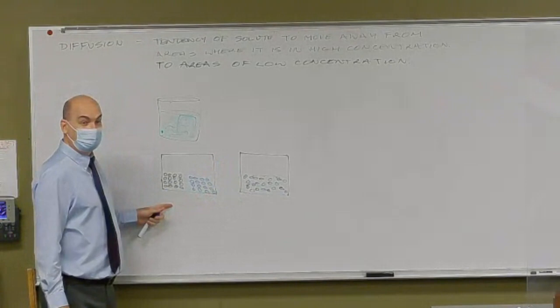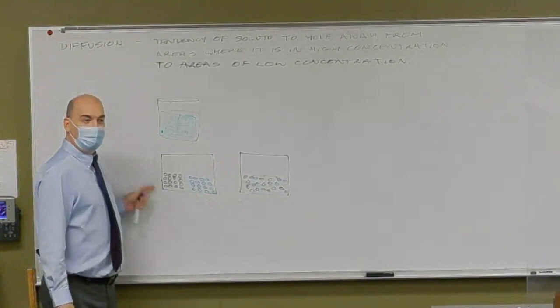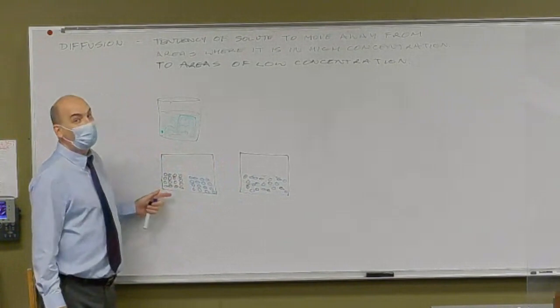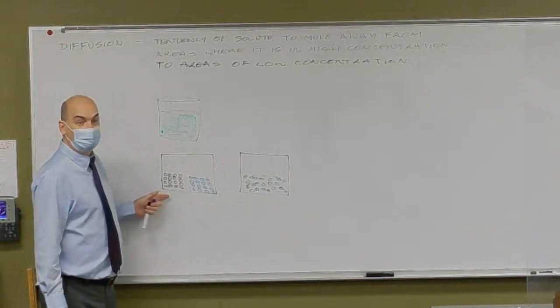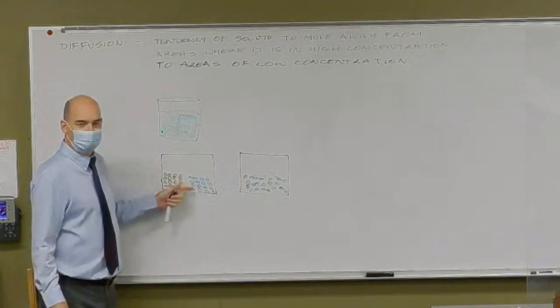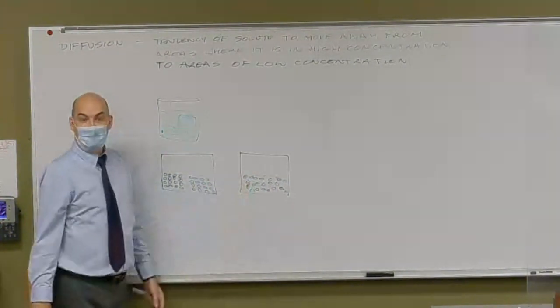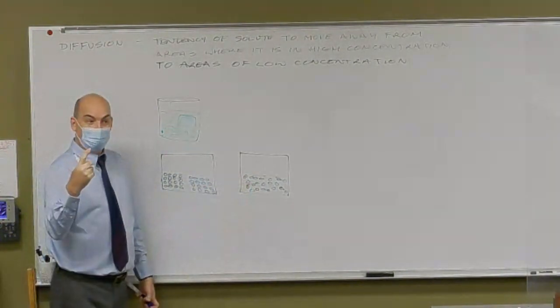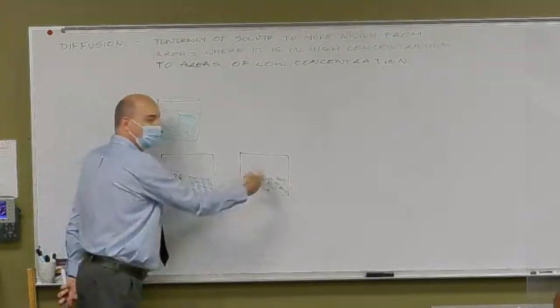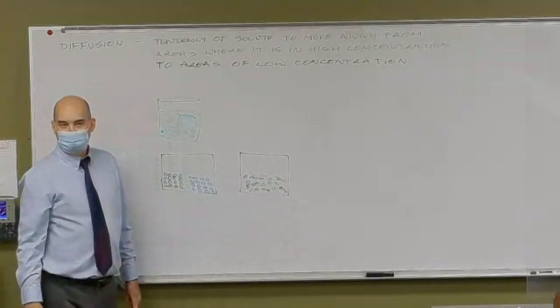This one is improbable. It is improbable because this arrangement can only happen once. There is only one permutation for this, that everything black is on the left and everything blue is on the right. That can only happen one time. There are millions of different possibilities for this.